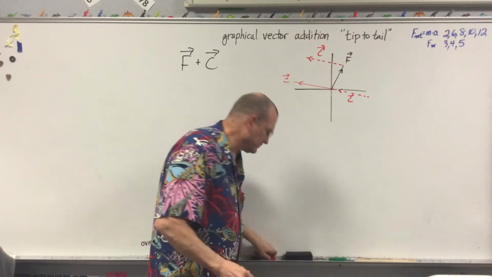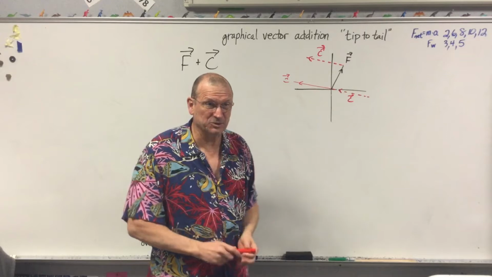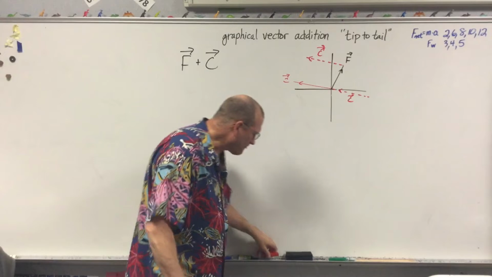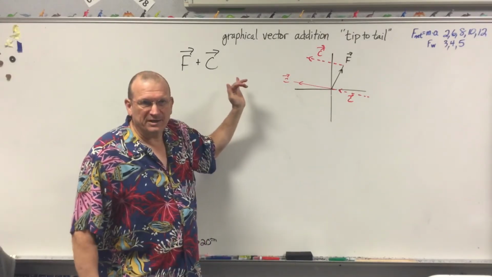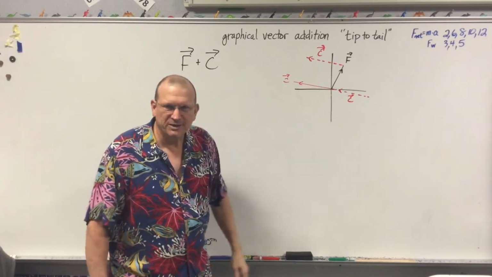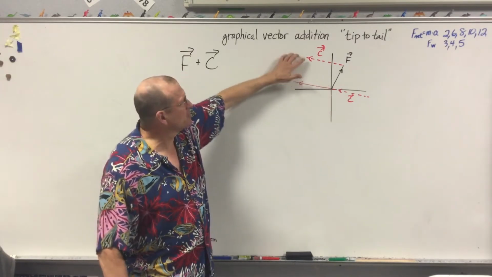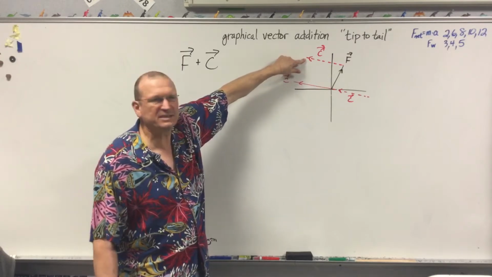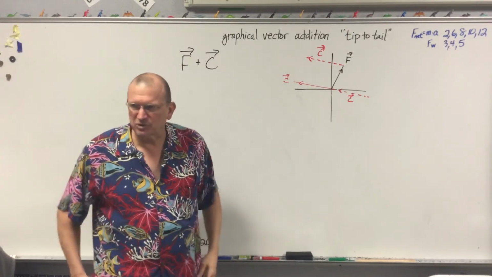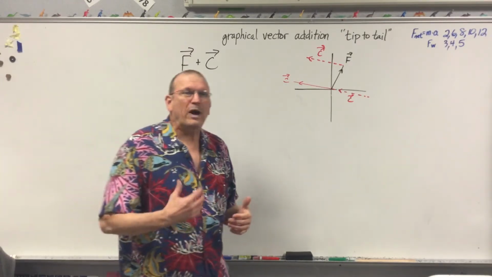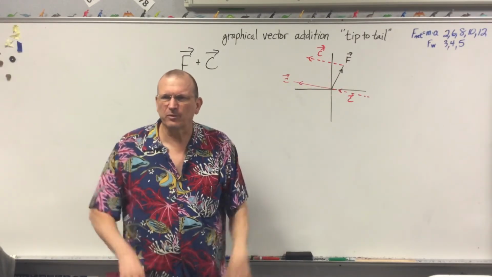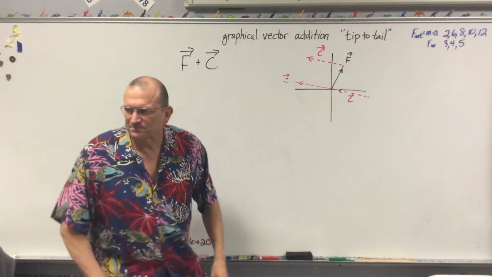Now, hopefully in doing this, I'm not overloading people, because you're going to see way more things on here than you will actually have to do. If I had a third vector on here, there'd be a third vector drawn here coming out of the origin, and we'd have to move it around so its tail would be on the tip of this C. The way this is presented in math books, I find to be way too tedious, because they start with draw all your vectors coming out from the middle, then move them around, and there is a quicker way to do this.